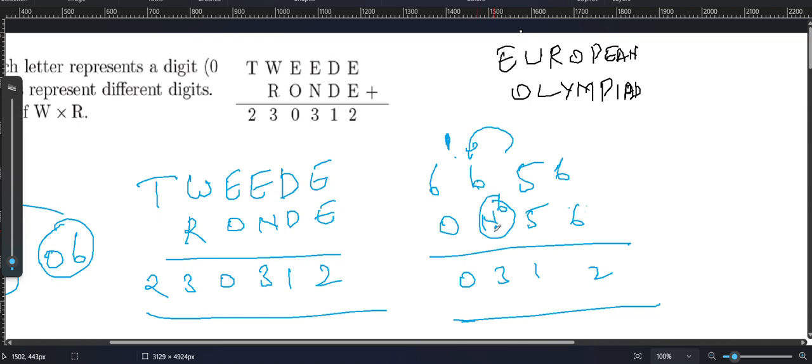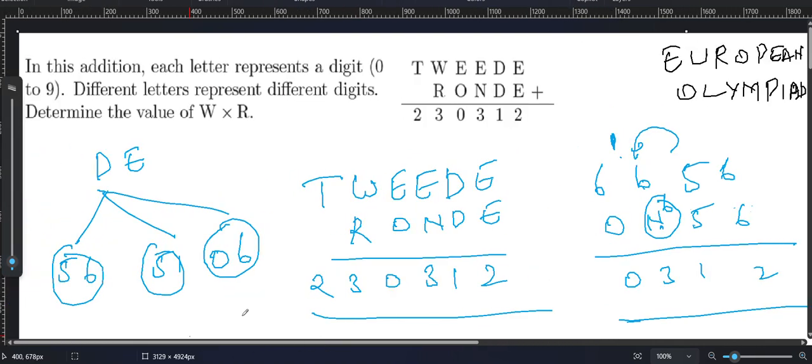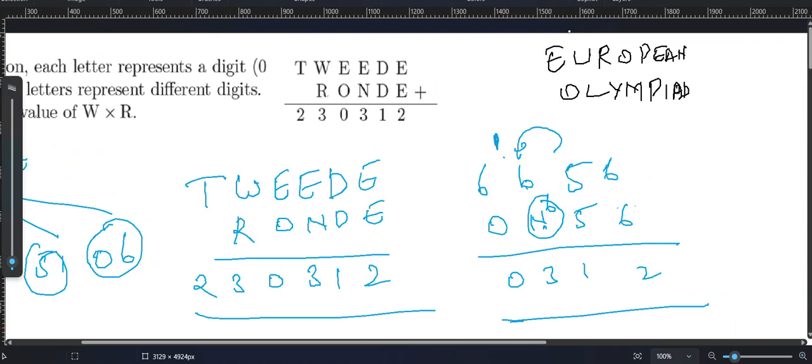So 6 plus 6, 12, plus 1, it amounts to 3. This will not work out because 6 has already been used for the symbol E. Again, we cannot use it for N. So it is discarded, because the question clearly tells each letter represents a digit and different letters represent different digits. So 5 and 6 is not the right possibility.